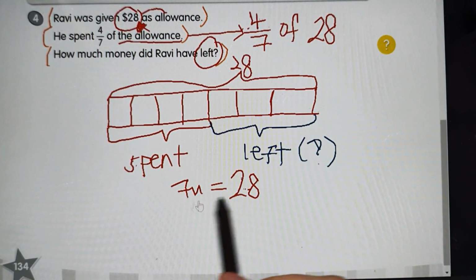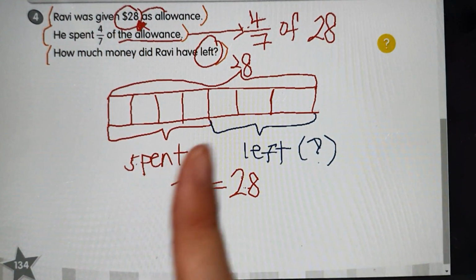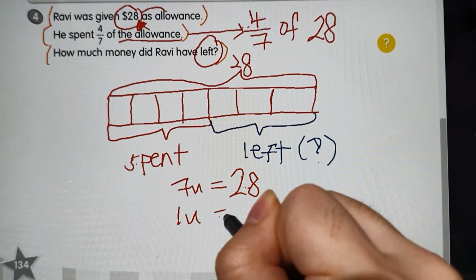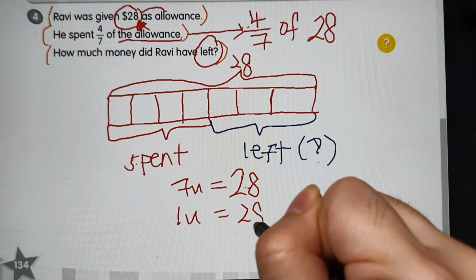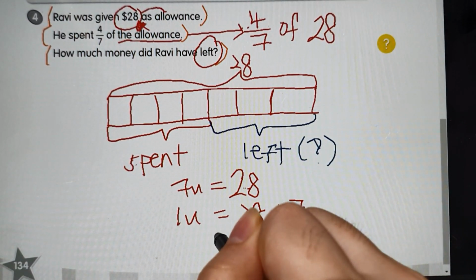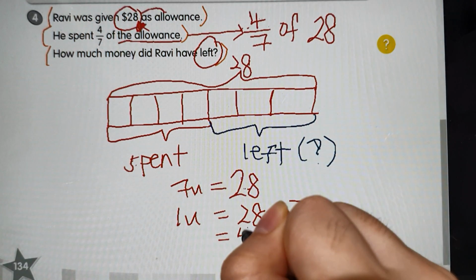Since 7 units is 28, I can move on to find 1 unit. So I can find 1 unit first, which is 28 divided by 7, which will give you 4.